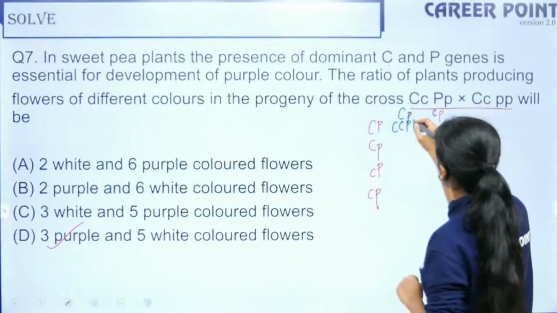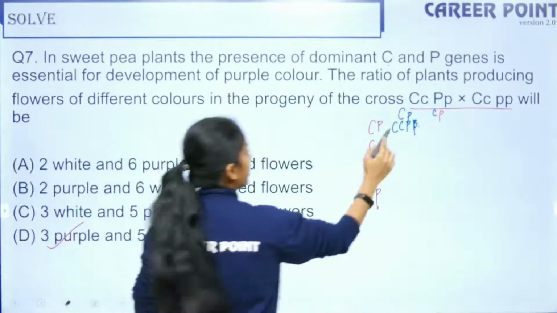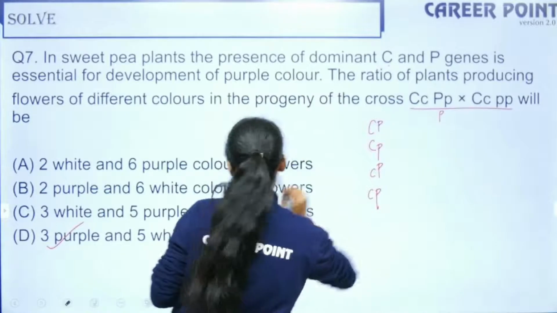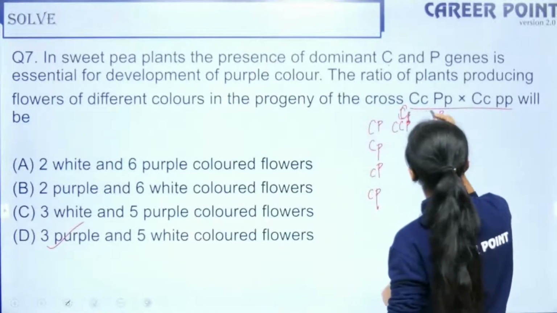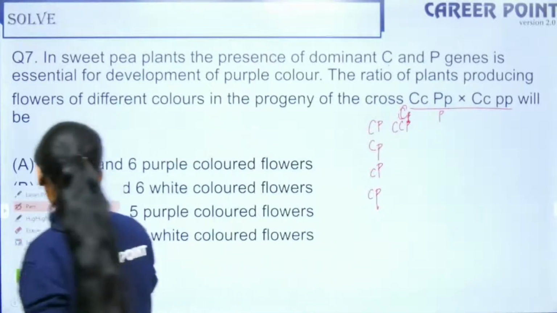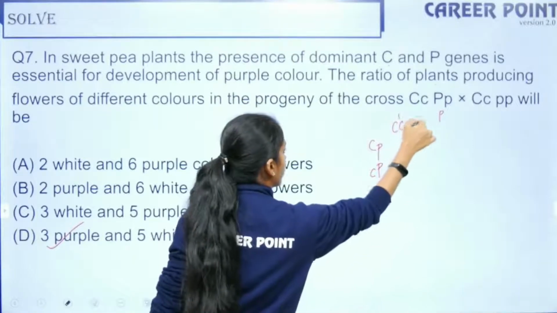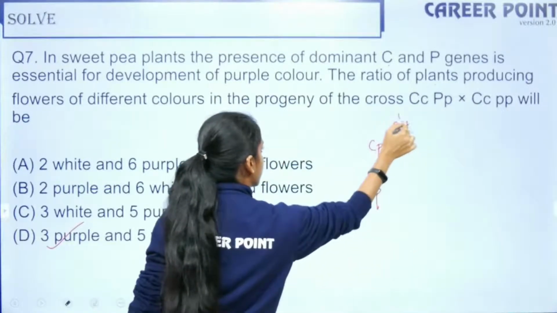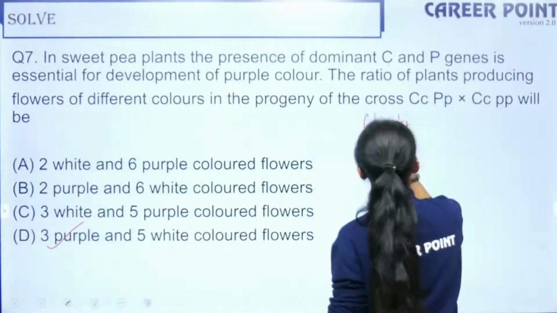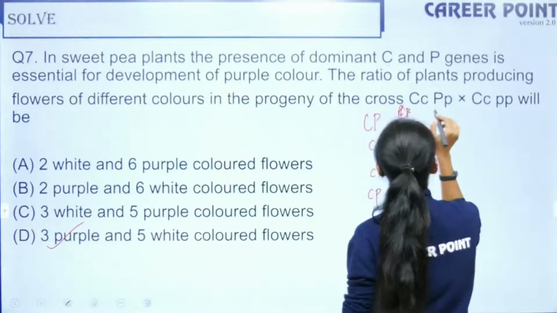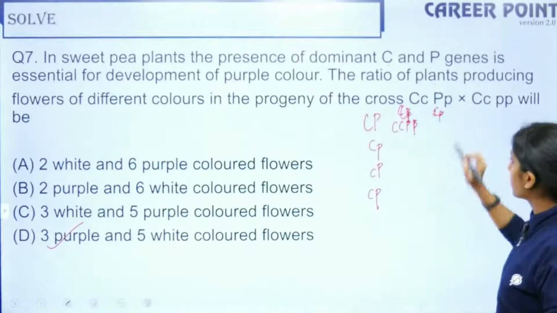C, C, P. The very reason I changed the color is so that you understand. So this is capital C, small p, small c, small p.